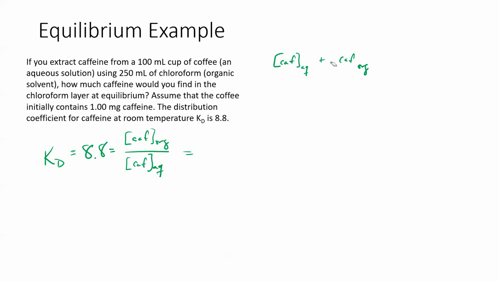well, I don't want to use concentrations because they're not the same volume. So if the mass of caffeine in the aqueous layer plus the mass of caffeine in the organic layer have to equal 1 milligram, okay, then if this is X, what's this one?